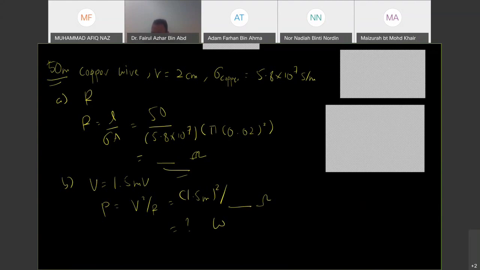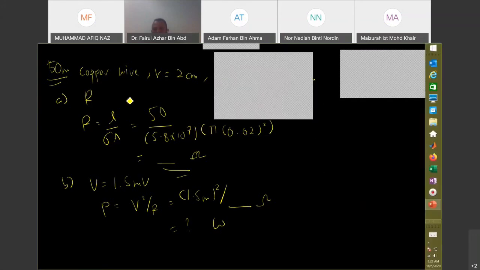Repeat the part B exercise by applying the other equation. This one is a straightforward solution if we are using the circuit theory equation.